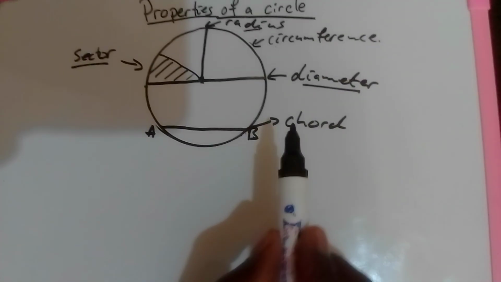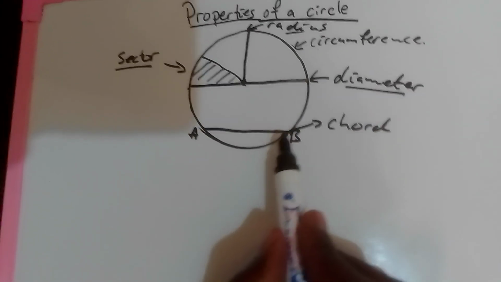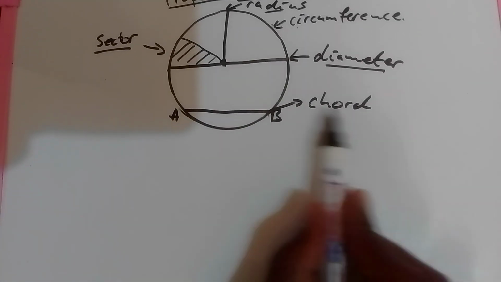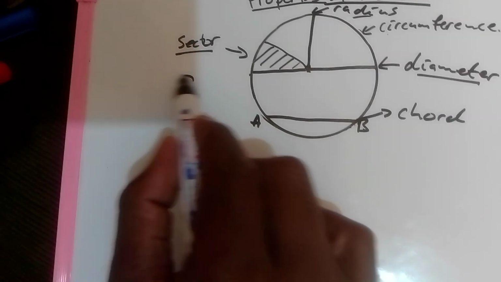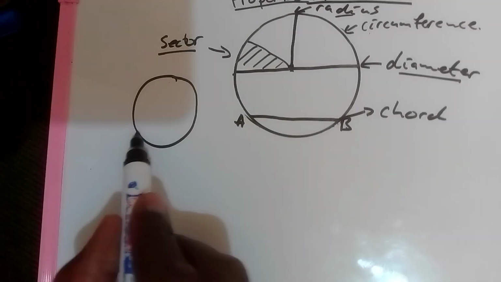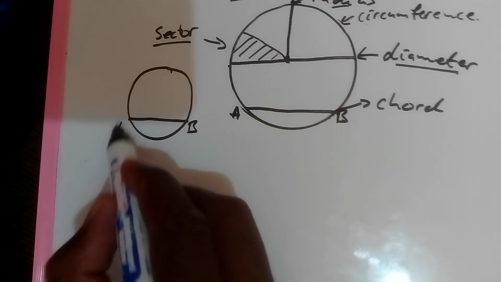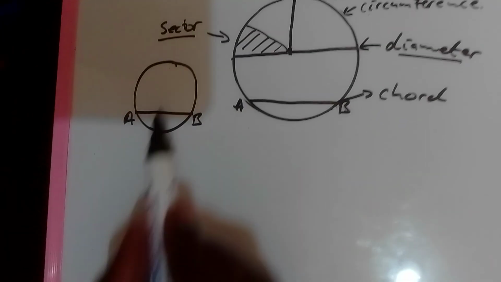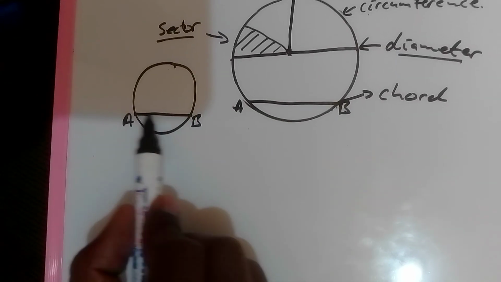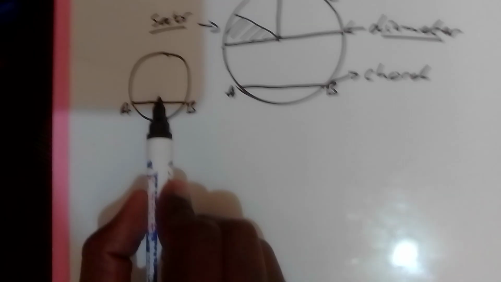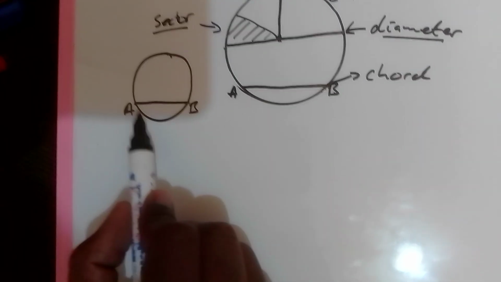Now I'm going to draw a mini circle so that I can explain something which is related to this chord. So if I draw a circle here and I draw my chord here and I label it point A and point B, we already know that this line is what is known as a chord, right? But what do I want to talk about?